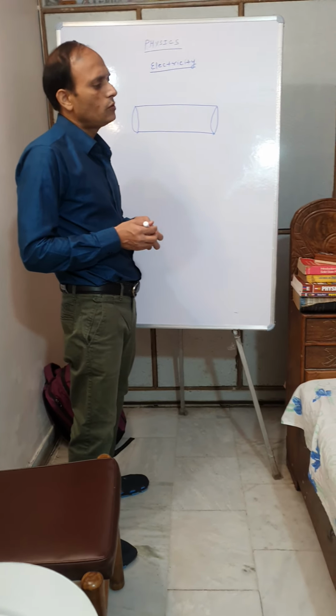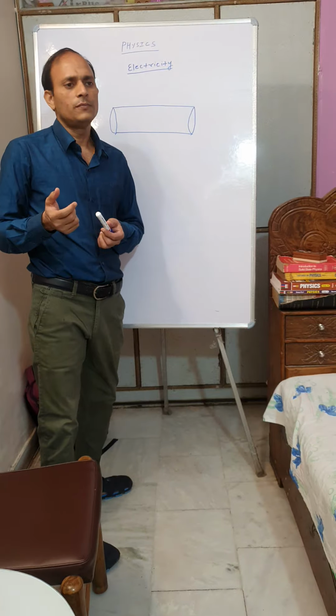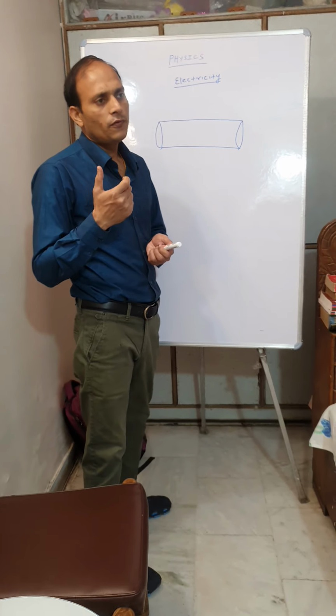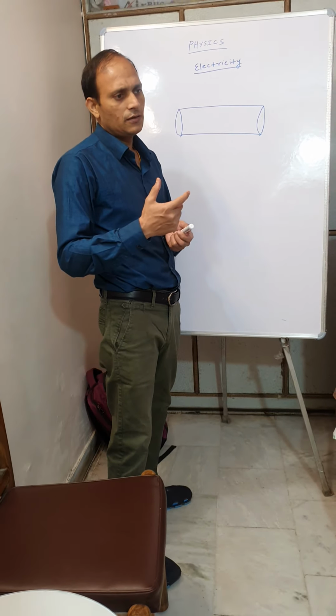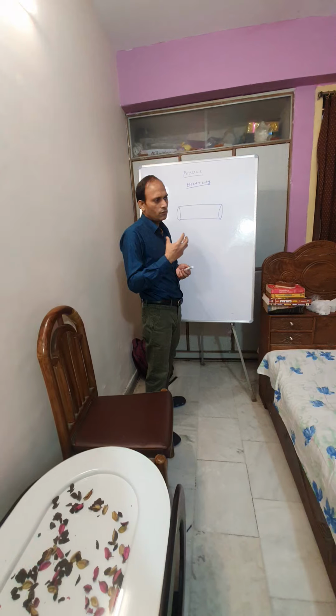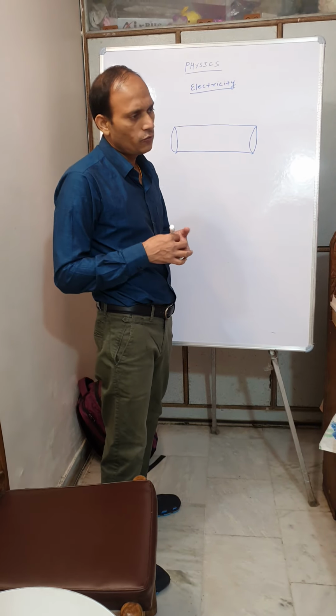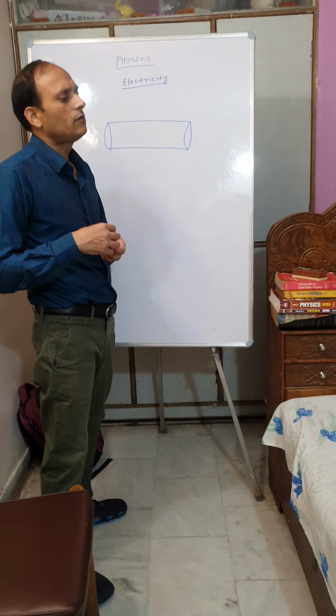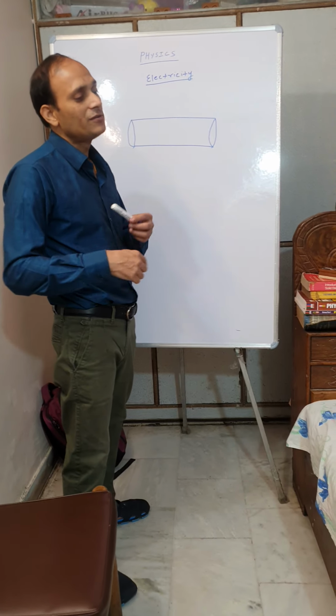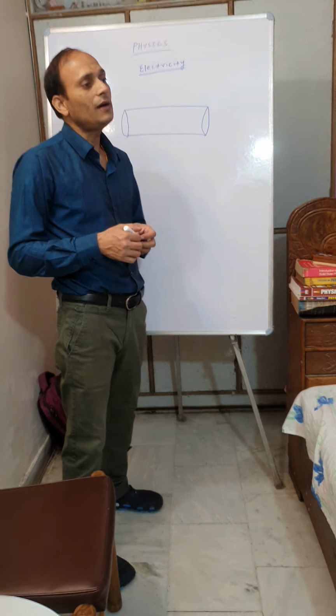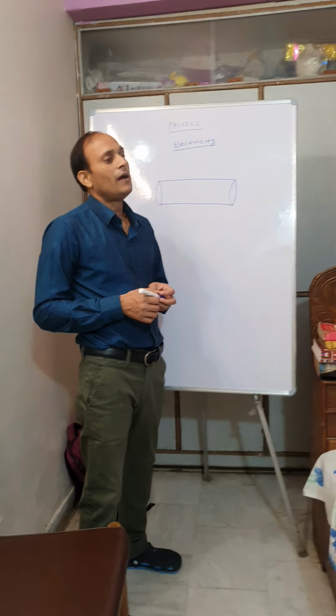And as we know, inside a neutral atom, the magnitude of positive charges, mostly because of the protons inside the nucleus, and the negative charges, which are the revolving electrons around the nucleus, are equal.